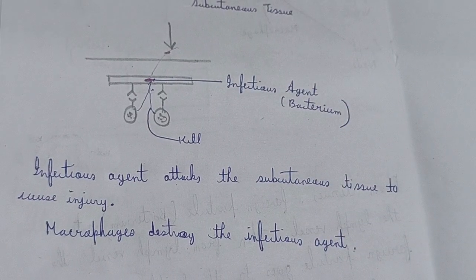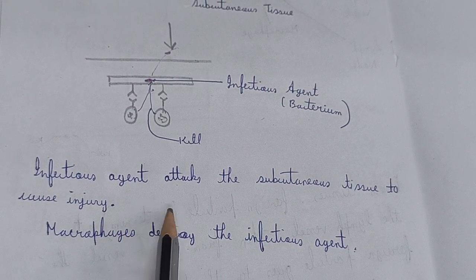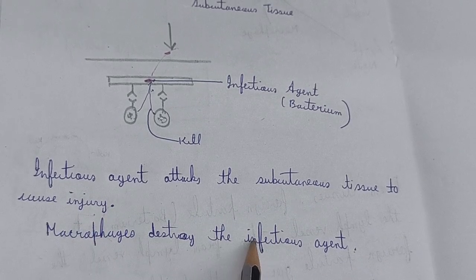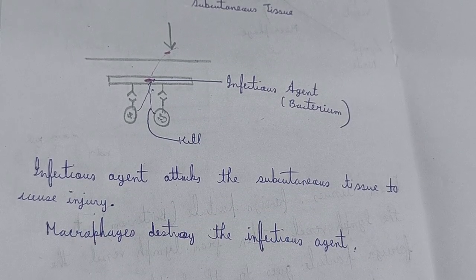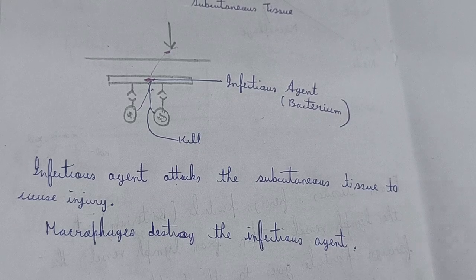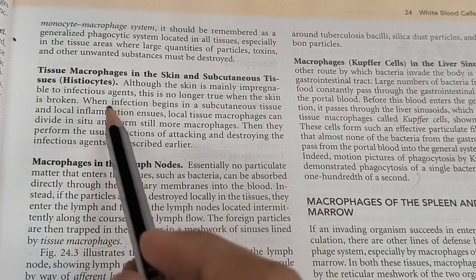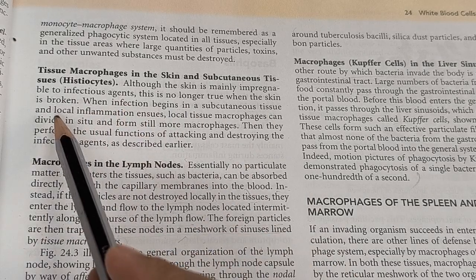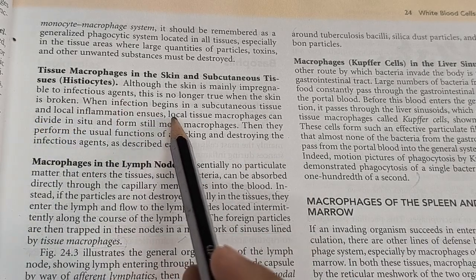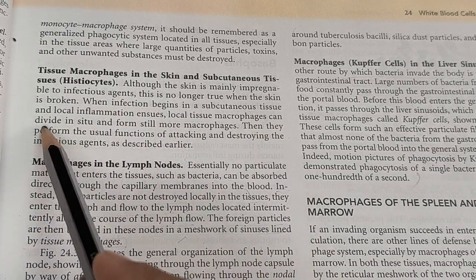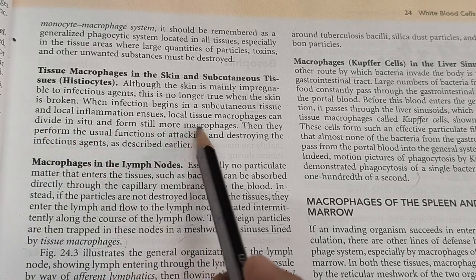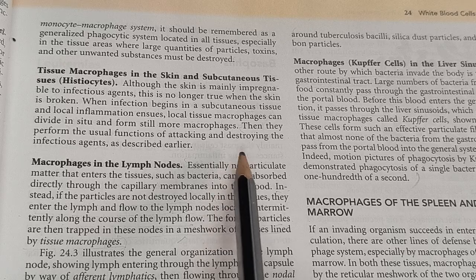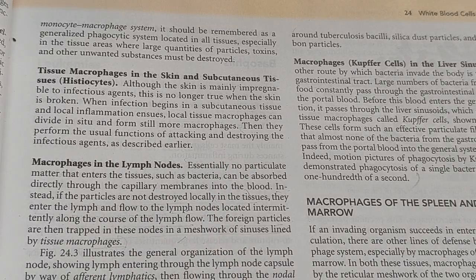The same portion I have written: an infectious agent attacks the subcutaneous tissue to cause injury, and these macrophages destroy the infectious agent. This is the same thing mentioned in your book. When infection begins in the subcutaneous tissue and local inflammation occurs, local tissue macrophages can divide in situ and form still more macrophages, and then they perform the usual functions of attacking and destroying the infectious agents.